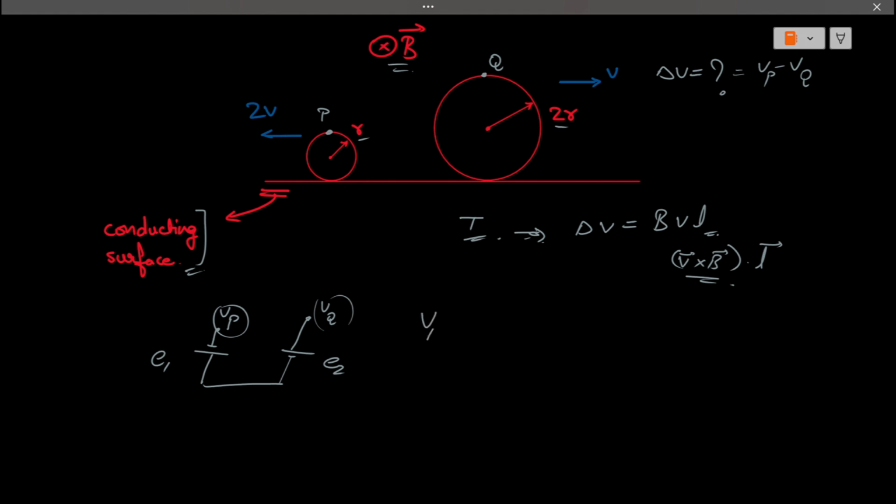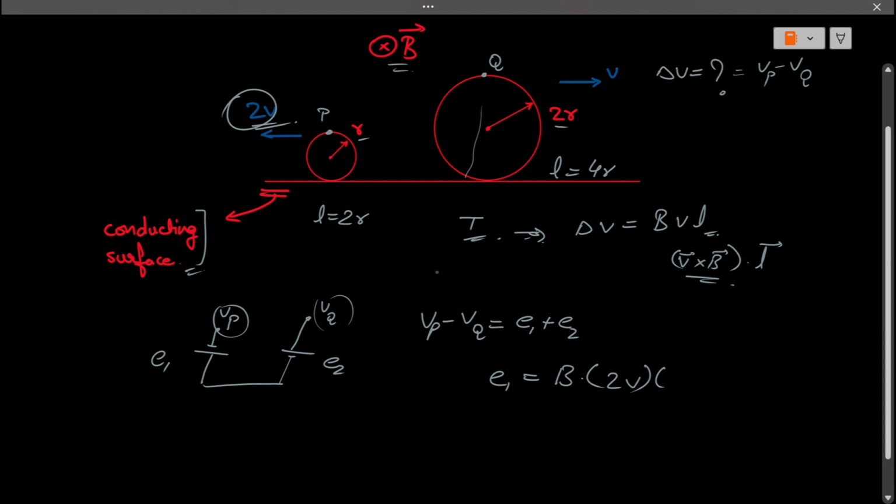Now the potential difference between the two points P and Q will be E1 plus E2, right? E1 will be the magnetic field times the velocity of ring 1. The velocity of ring 1 is 2v, and the length will be 2r. So the length for the first ring will be 2r and for the second one it will be 4r, the vertical distance, right?